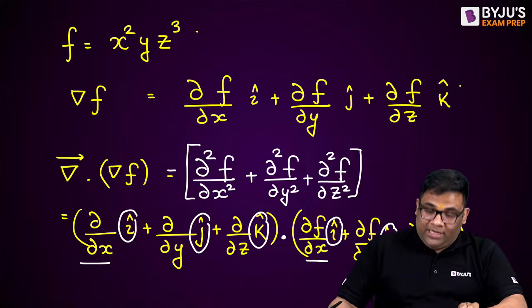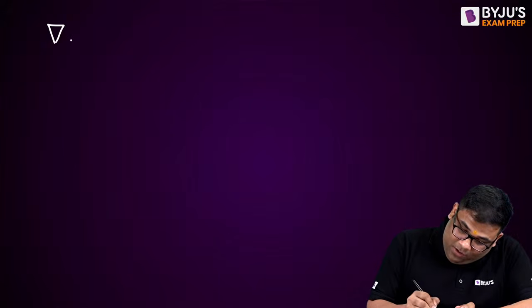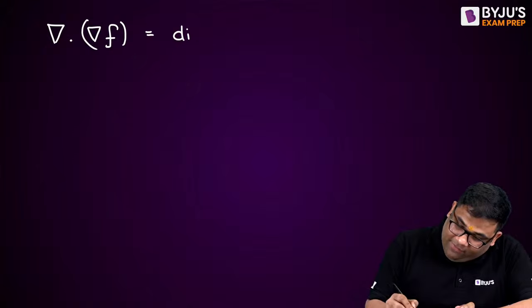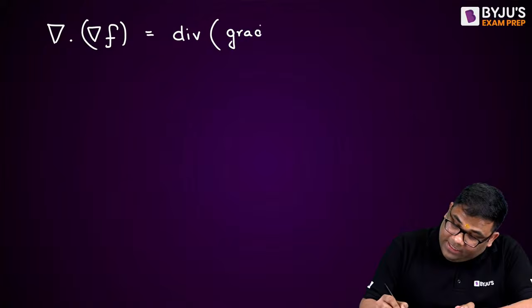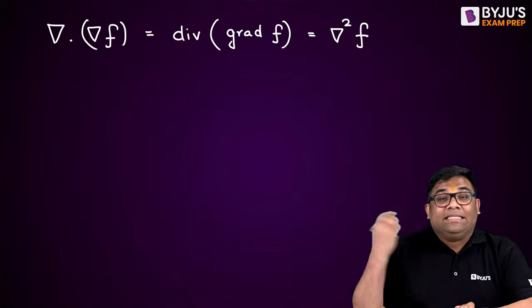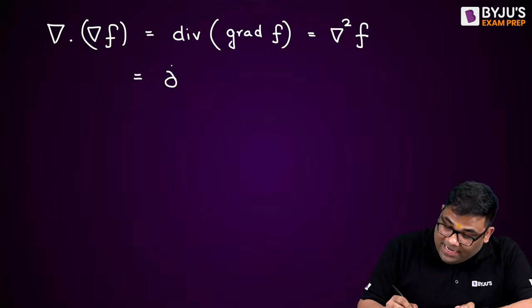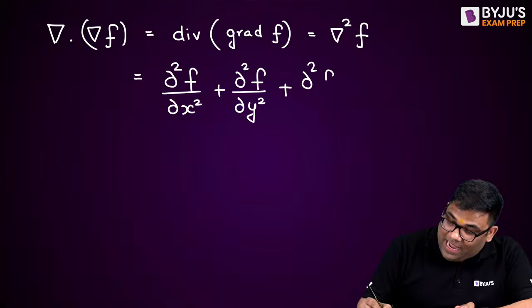Remember this thing. The del operator dot del f, which is the divergence of gradient of f, denoted as del square f, is nothing but del square f by del x square plus del square f by del y square plus del square f by del z square.